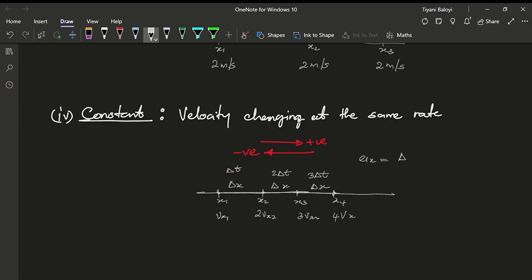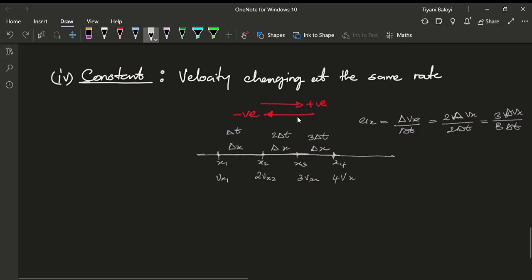We know it's change in vx over change in t, which is equal to 2 change in vx over 2 change in t. Same thing, so it remains constant, equal to 3 change in vx over 3 change in t, right? It remains the same, so that's what it means.